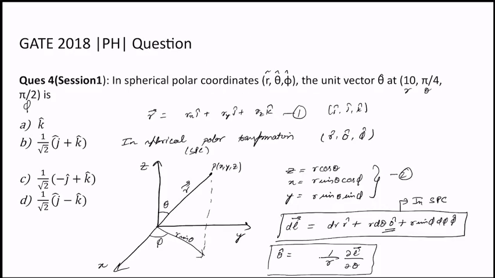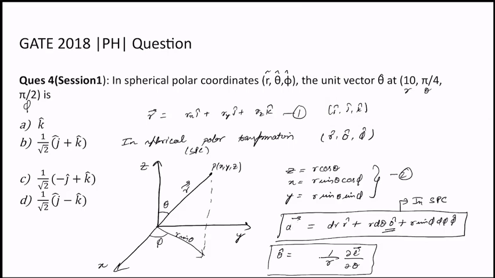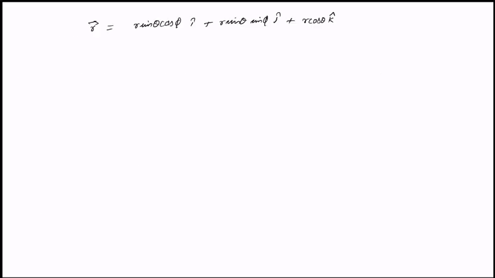One more thing, this line element instead of L, for the convenience of the convention used, you can just write it as dr. So it has three independent components. So now to find del r by del theta, that is easy. You just get r cos theta cos phi i cap plus r cos theta sin phi j cap minus r sin theta k cap.